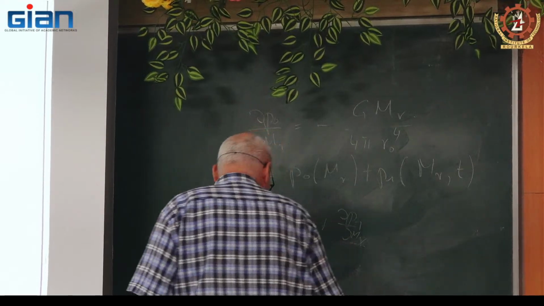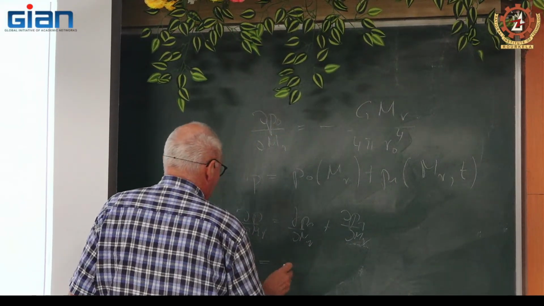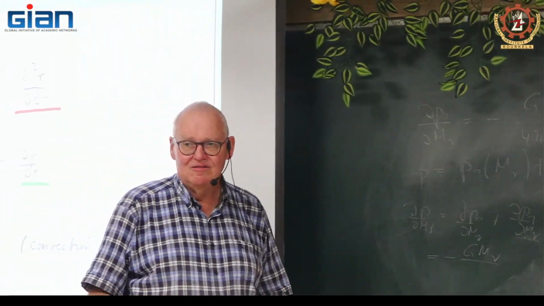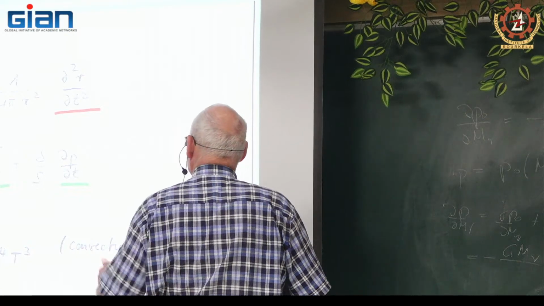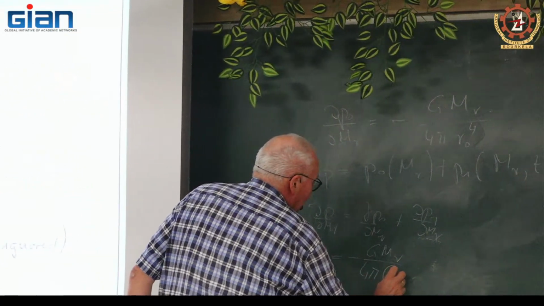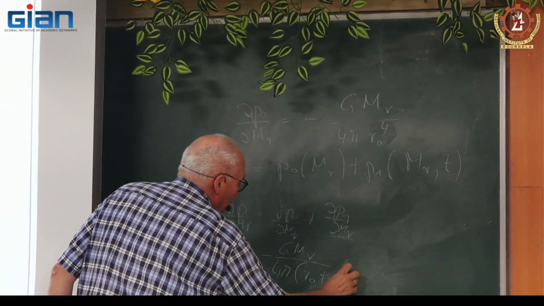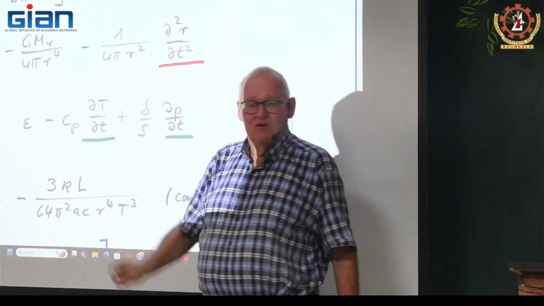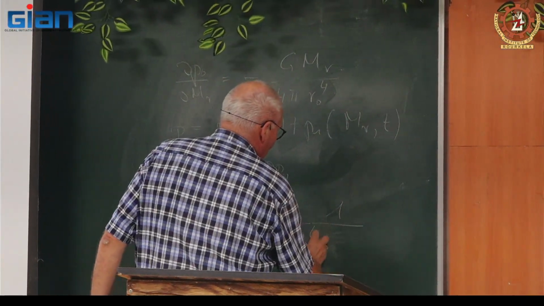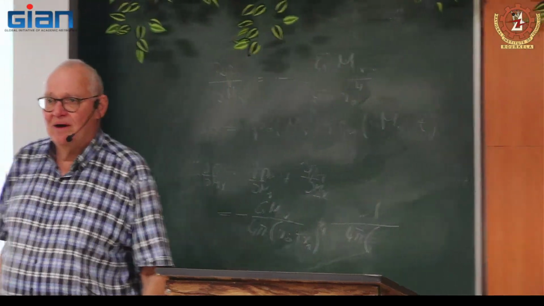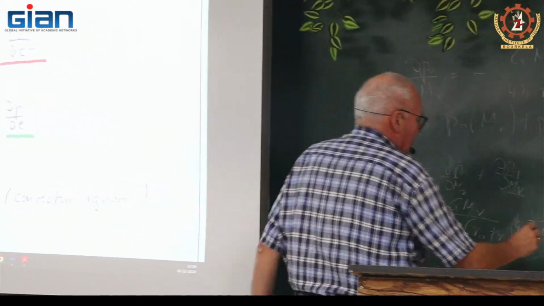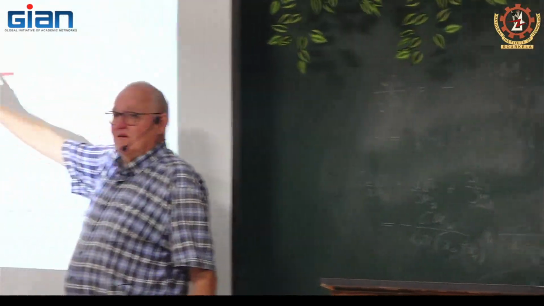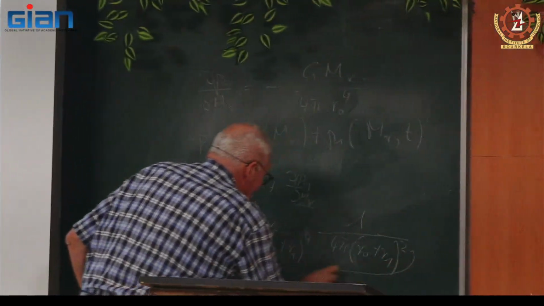So the right hand side is minus G mr, I will do it on the blackboard to illustrate once how this is done in detail. 1 over 4 pi times (r0 plus r1) to the power 4, plus, in addition, we have this acceleration term, which is given by minus 1 over 4 pi, where we replace r squared by (r0 plus r1) squared, times the acceleration.